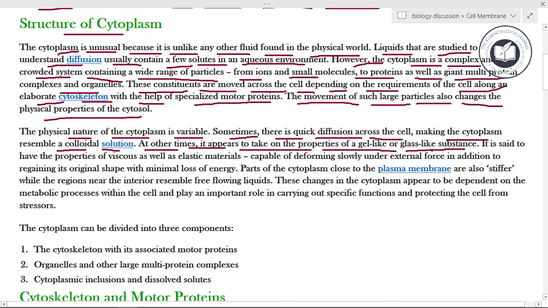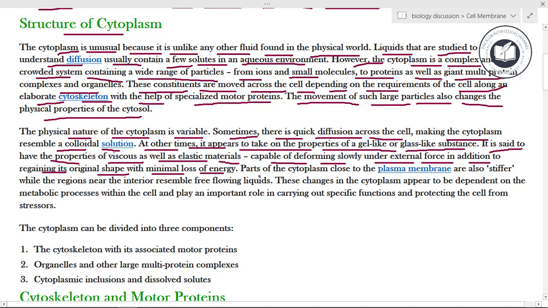It is said to have the properties of viscous as well as elastic materials, capable of deforming slowly under external force in addition to regaining its original shape with minimal loss of energy.